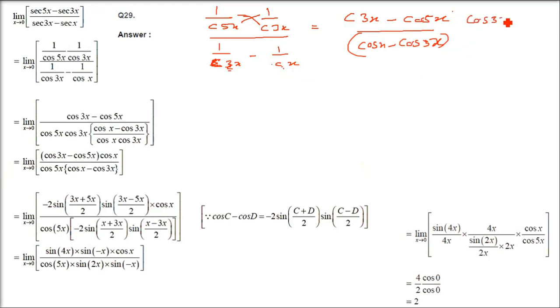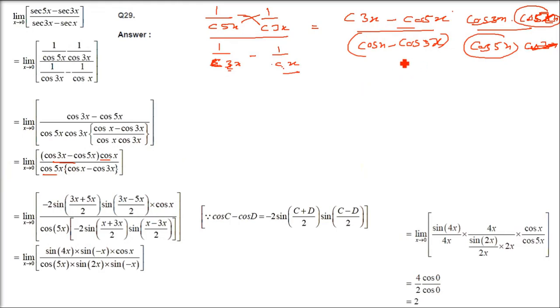This goes cos 3x cos x divided by cos 5x and cos 3x. So now you can cancel cos 3x and cos 3x, and then cos x by cos 5x will remain.